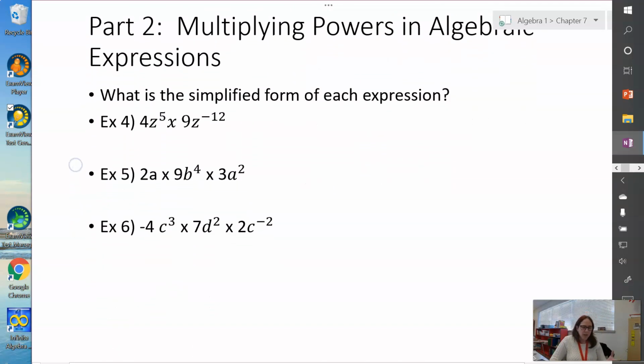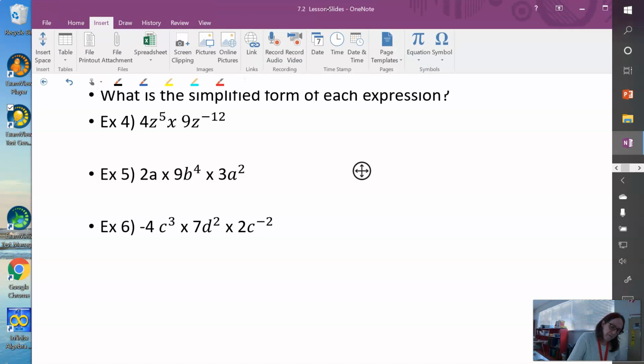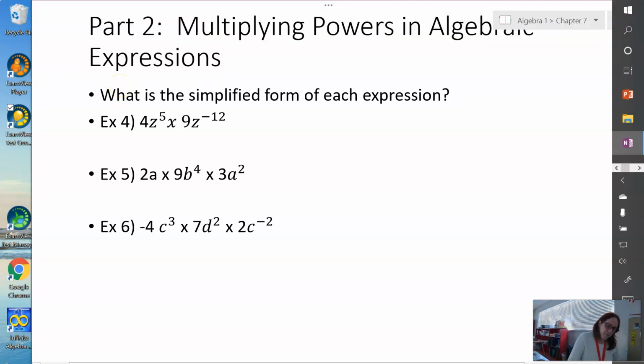So now let's use that shortcut that we've worked out, and let's do some of these algebraic expressions. So I've got some numbers and I've got some variables. I have 4 and 9. Well, they're not the same base, so I'm just going to multiply those together. So I have a 4 times a 9. And now I have z to the 5 and z to the negative 12.